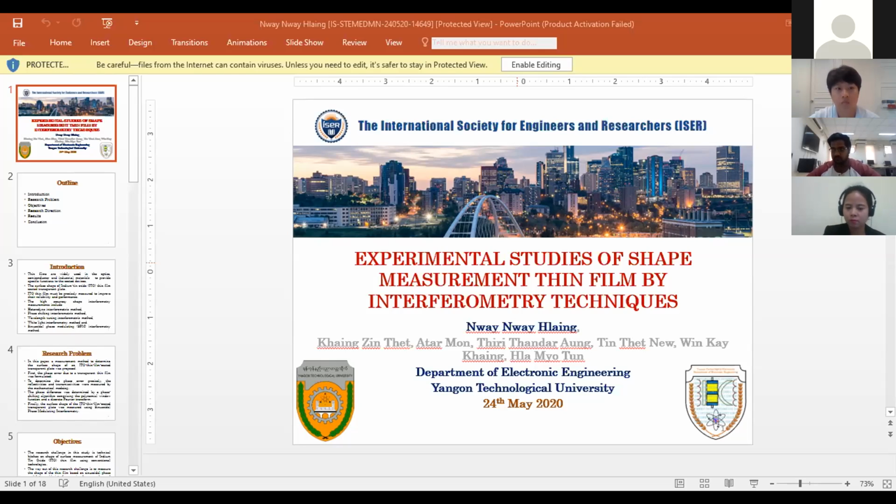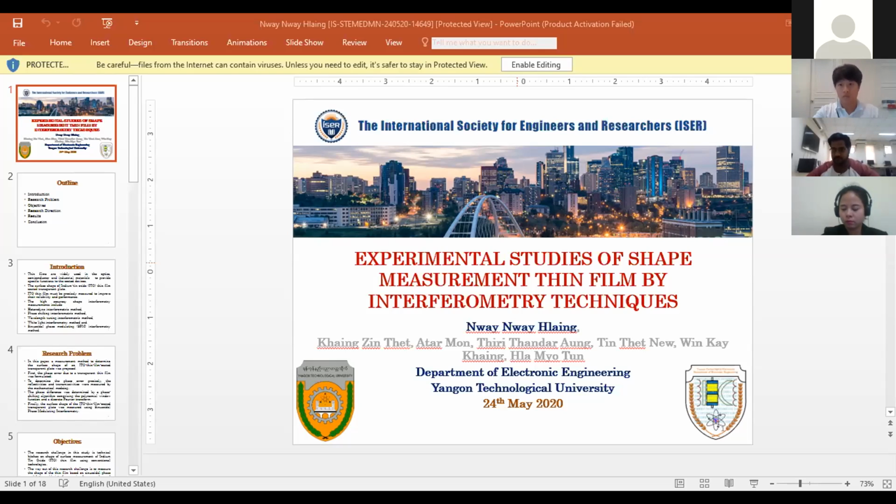This slide shows the pictures of the phase surface distribution and surface profile. And this is the thickness profile. The real value of T naught is 15 nanometer, and in our result after simulating, the thickness is nearly about 15 nanometer. So the real value and the simulated result are nearly the same.